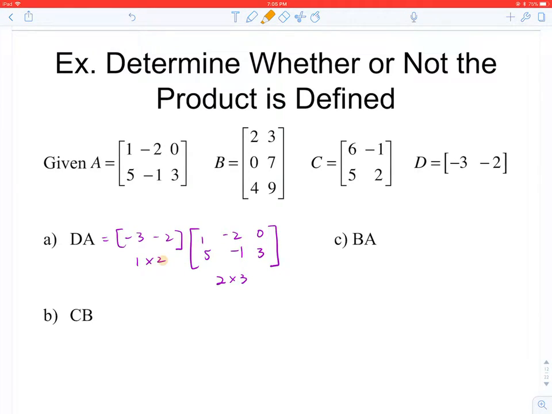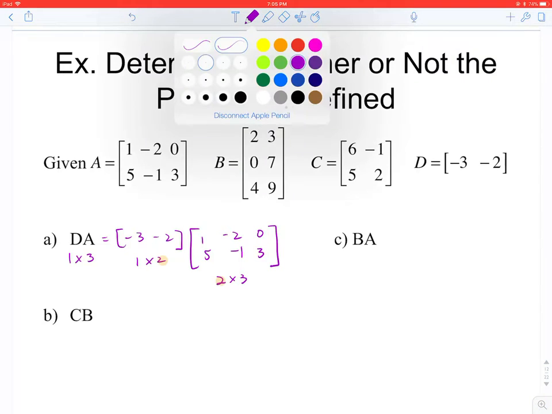Because the number of columns here matches the number of rows here, this product will exist. And the dimensions of the matrix that you get from multiplying these two matrices would be 1 by 3.